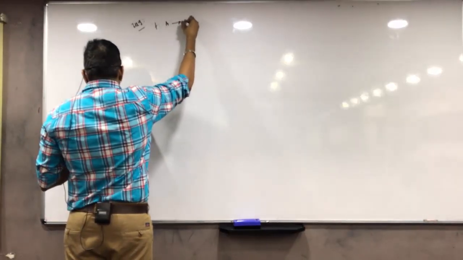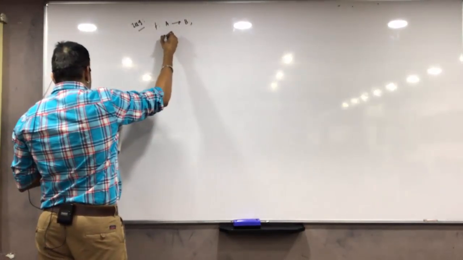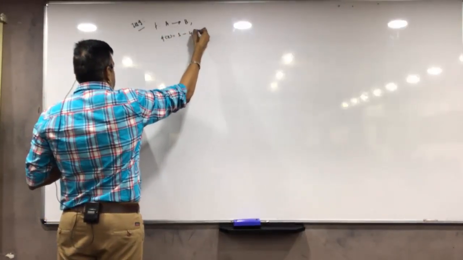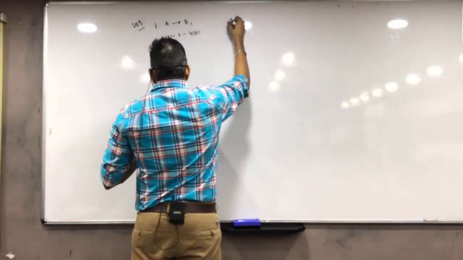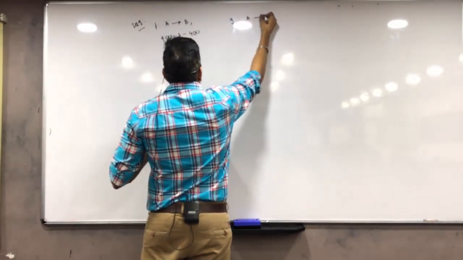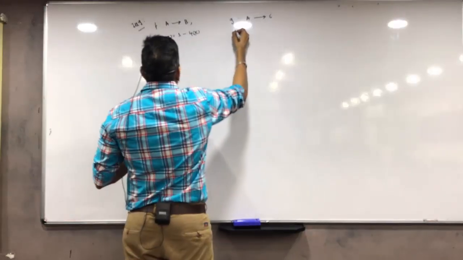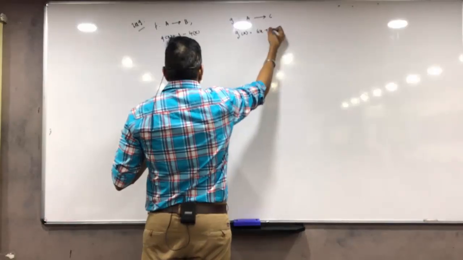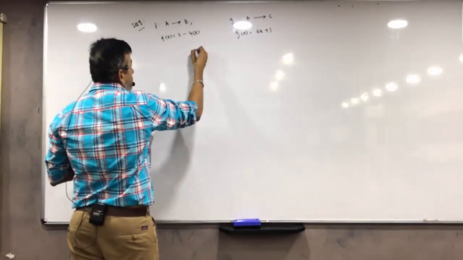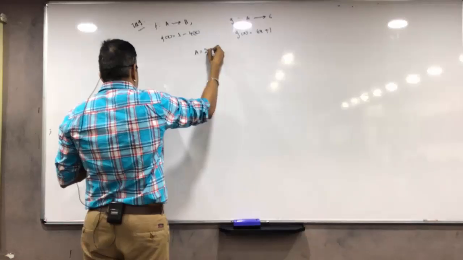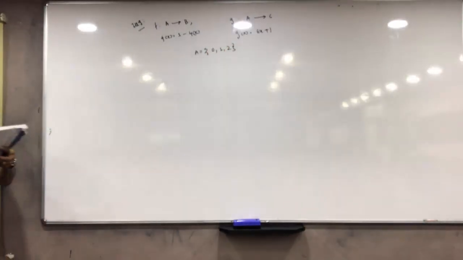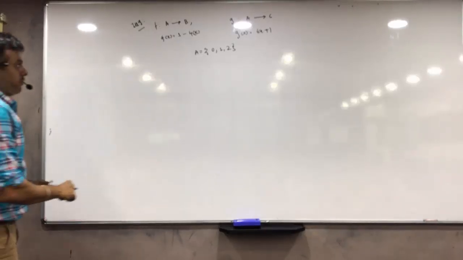Set A to set B, f of x is equal to 1 minus 4x, and g, A to C, where g of x is equal to 6x plus 1. A is equal to {0, 1, 2}. So we have the domain A. We have to find out the codomain.